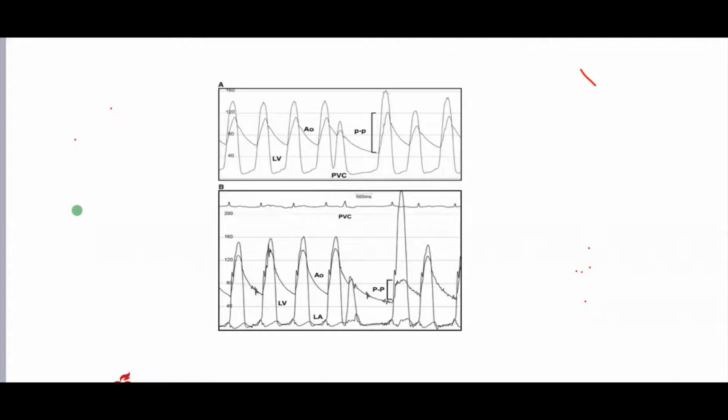Thank you. But here, the gradient increased, indicating that the obstruction is becoming more. How can you explain that? In Hookham it increases. You see here at the bottom, the gradient becomes so big after the PVC, meaning the obstruction becomes tighter after the PVC beat.